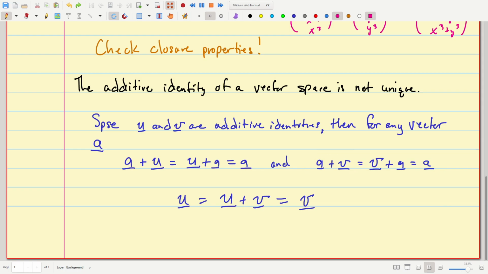And then on the other side, I use this, except in this side, A is V. I have used the property that both U and V are the additive identity, and in doing so, demonstrated that they have to be the same.